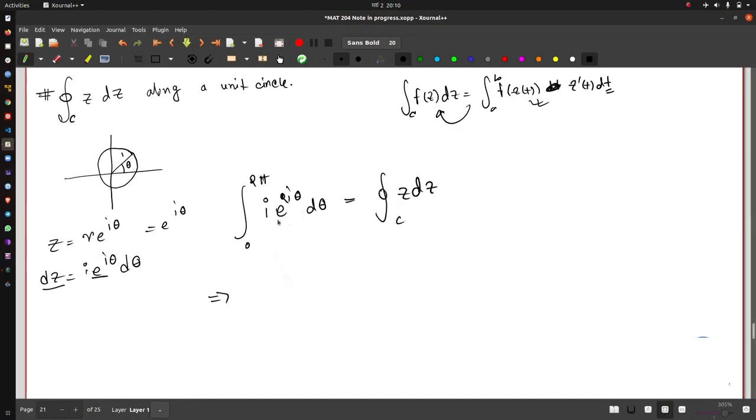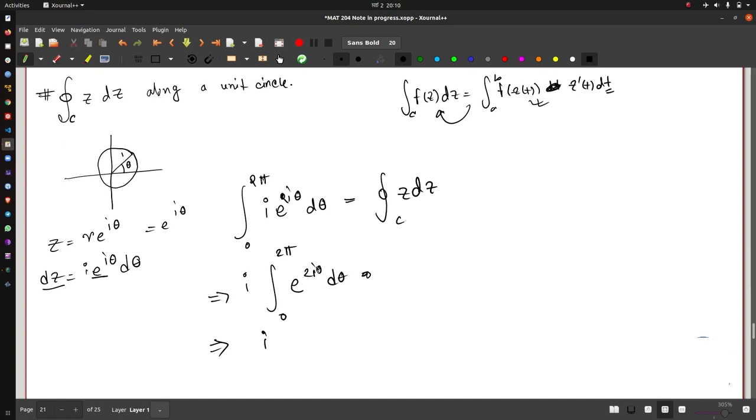So if you just evaluate this, keep the I with e to the power 2I theta d theta, from 0 to 2 pi. So you can treat this I in the exponential as a constant. You can do that.